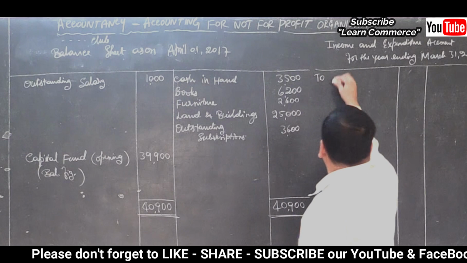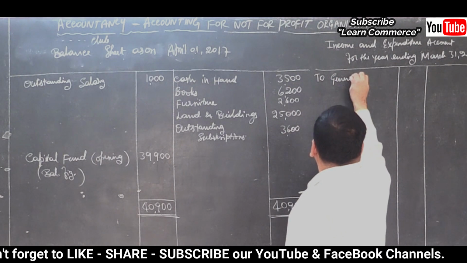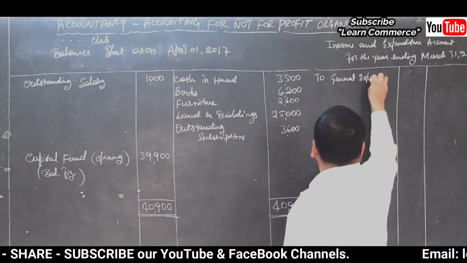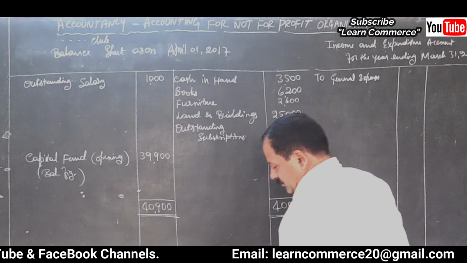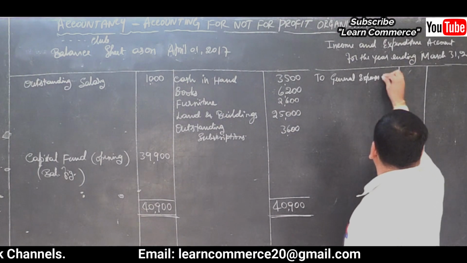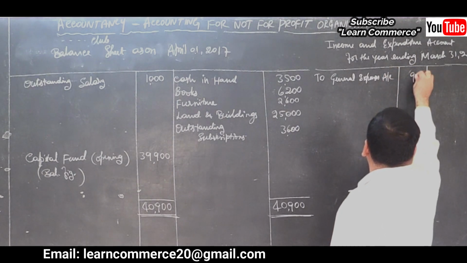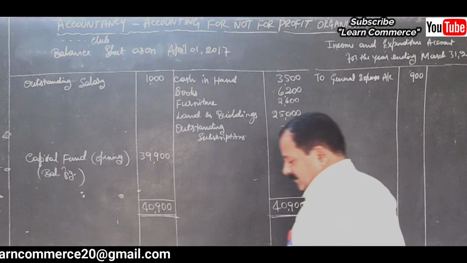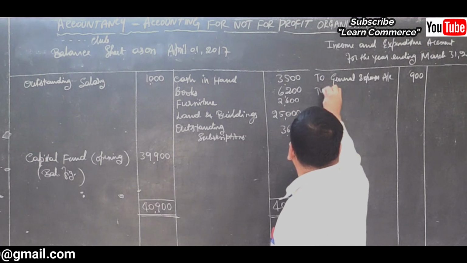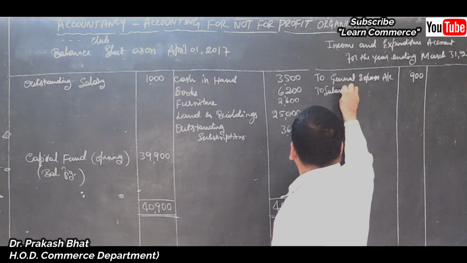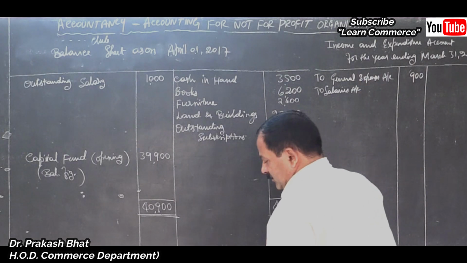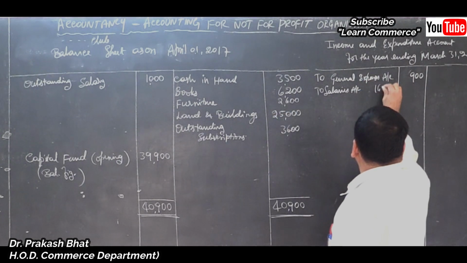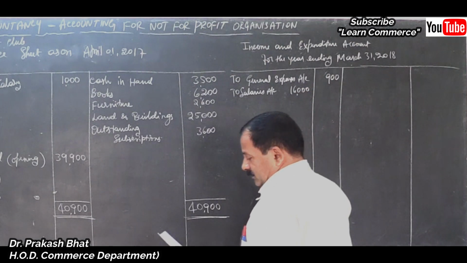General expenses, 900. Straight away in the outer column, there are no adjustments. To salaries account, there is adjustment. Salaries account, inner column 16,000. There is adjustment.